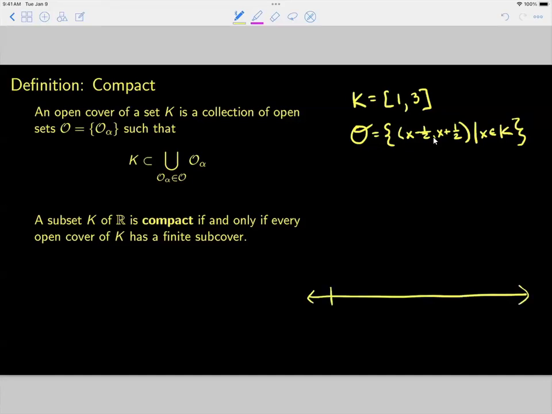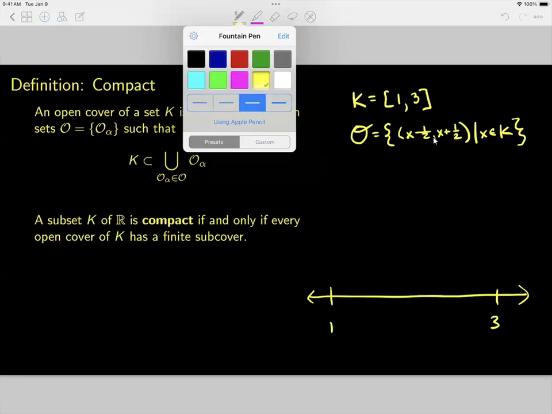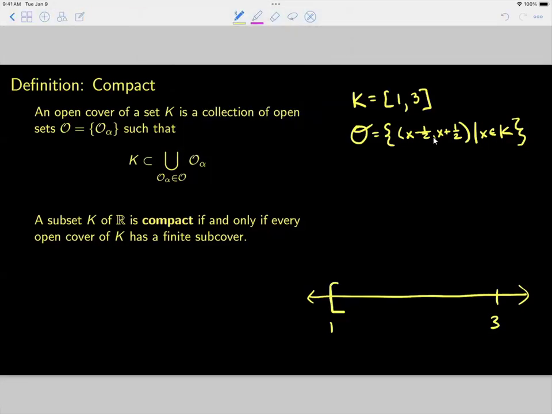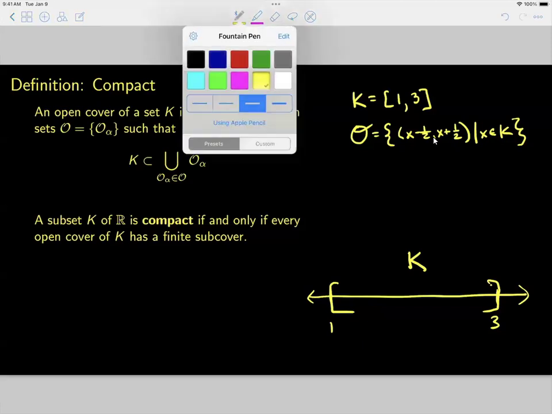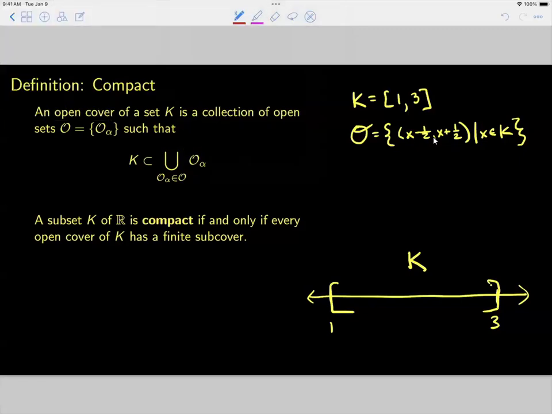Let's say this is my interval 1 to 3. And at every point in this set, so let's be clear, this maybe in yellow, this is the set K. And I'm now creating these little O sub alphas, which are essentially at every point, an interval with radius 1/2.